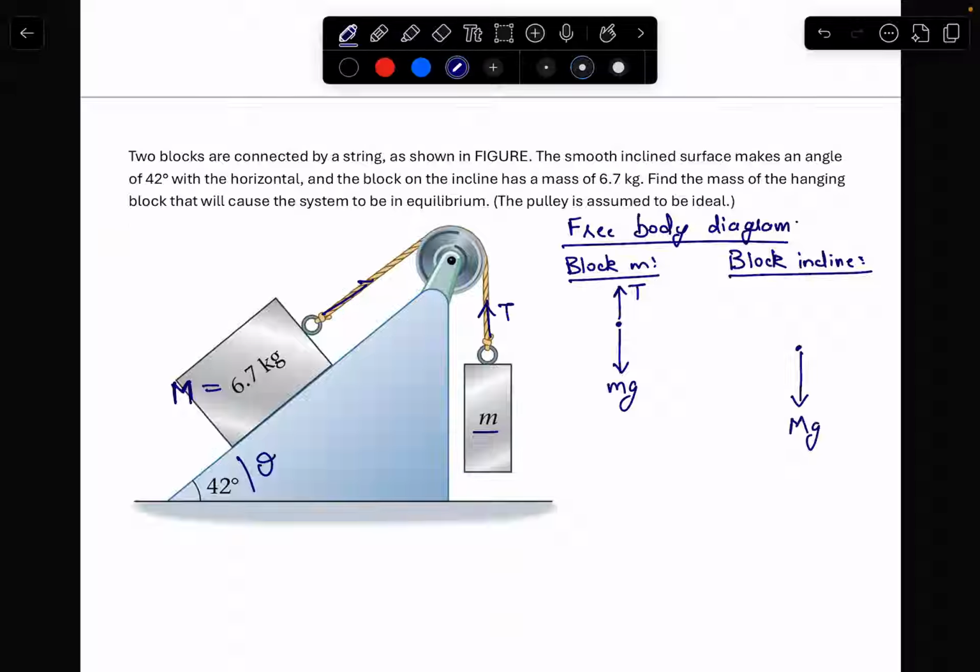That's T. So T is along the incline, and then there's a normal reaction force perpendicular to the surface.